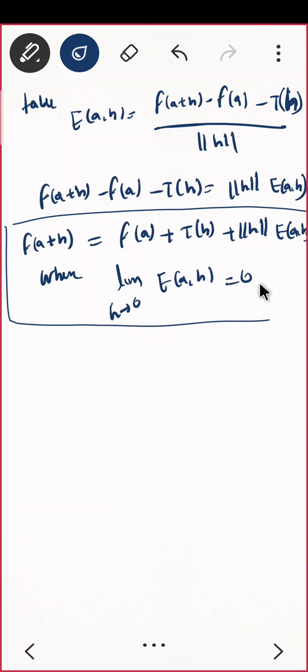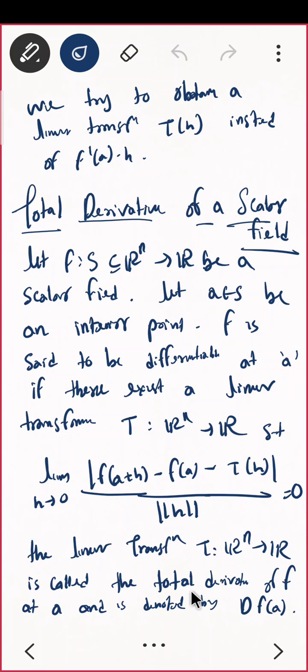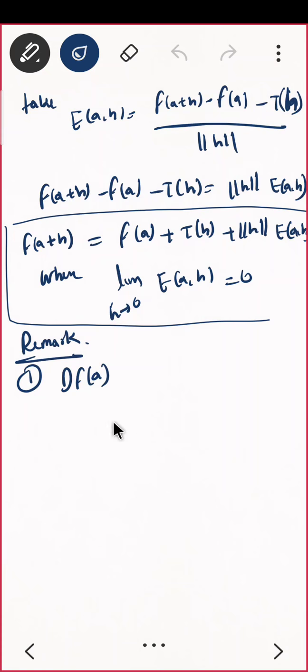Now let us put some remarks. Try to see what our derivative is. The first one: what is my derivative df of a? This is a linear transformation, correct? So you remember this thing is a linear transformation and not a real number.